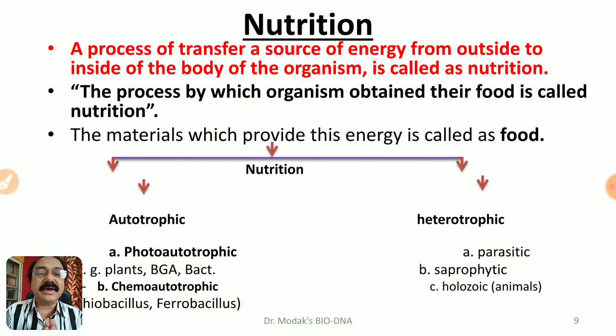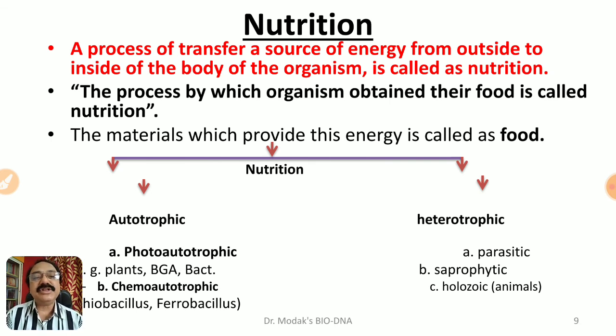Digestion is a chemical process where the complex foods are converted into simpler ones. Then the digested food is absorbed, that we call absorption. That absorbed food is then moved to the different cells and utilized, that we call assimilation. And after that, undigested food material is thrown out from the body, that we call egestion. So ingestion, then digestion, absorption, assimilation, and egestion of undigested food material. These are the five steps involved in the holozoic mode of nutrition.